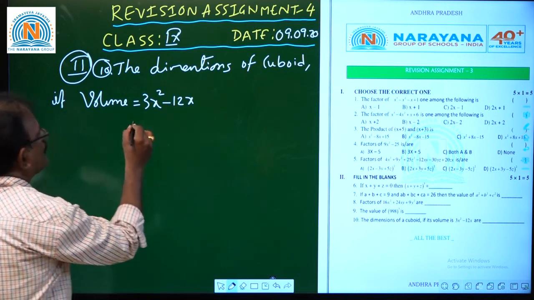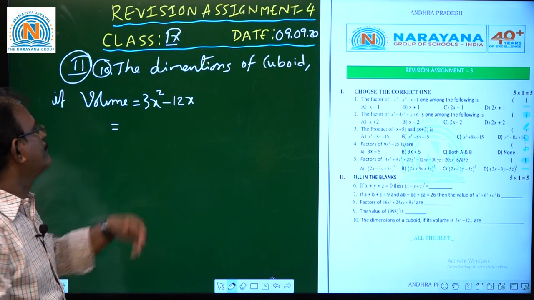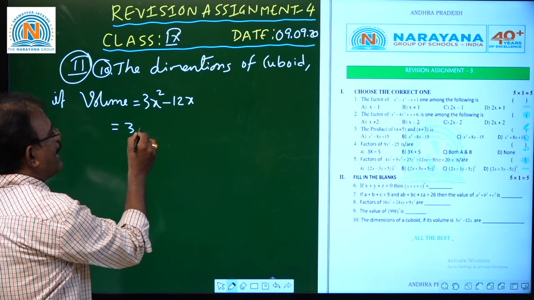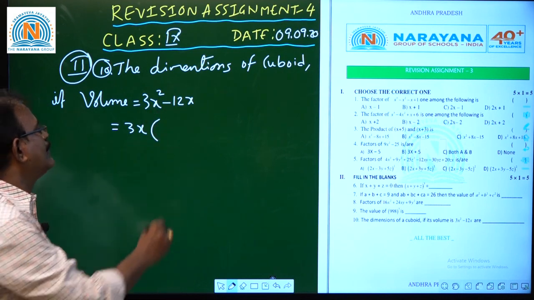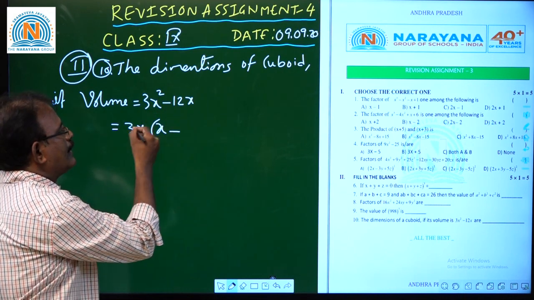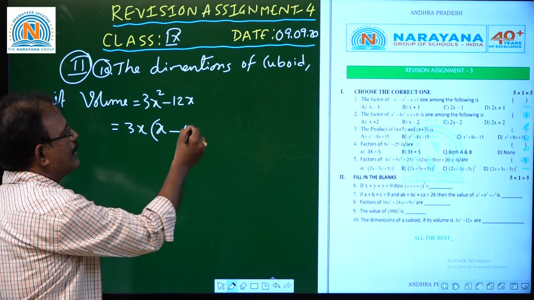Now children, try to factorize this. If you take 3x common from this, out of the 2 times, if you take 1 time, still 1 is there. 12 cancelling 3 4 times, x already came out.